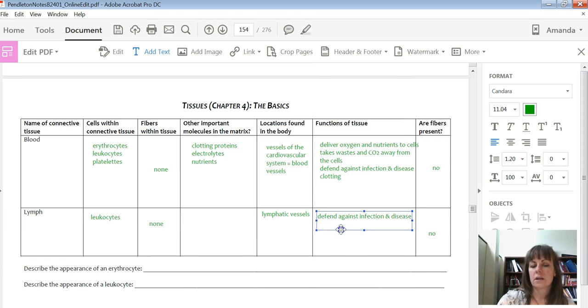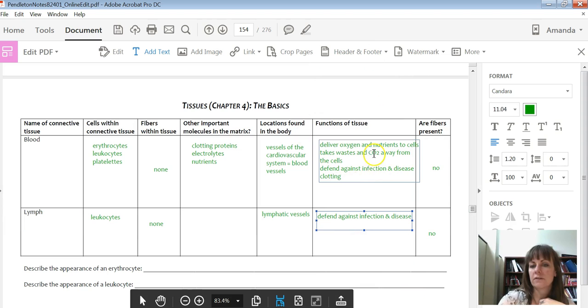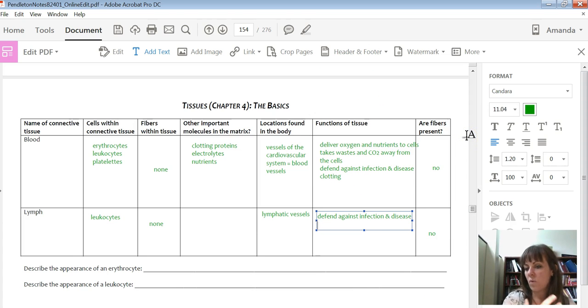It turns out that when your blood delivers these things to the tissues, it ends up shoving some of the watery mix from the blood off onto the tissues. And over time, that could end up building up quite a bit. And so what lymph and lymphatic vessels do is they pull excess fluid off of the tissues and return it to the blood.